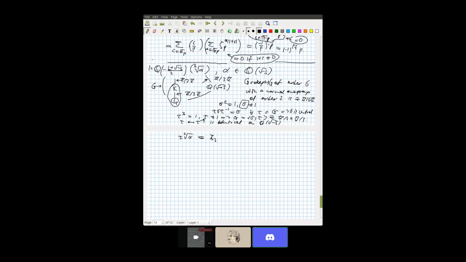Maybe this is the choice of tau or tau inverse, so there is no difference. You can think of this as being more or less uniquely defined.